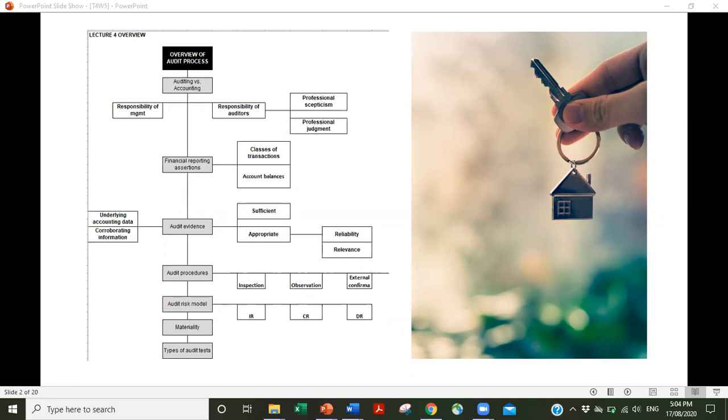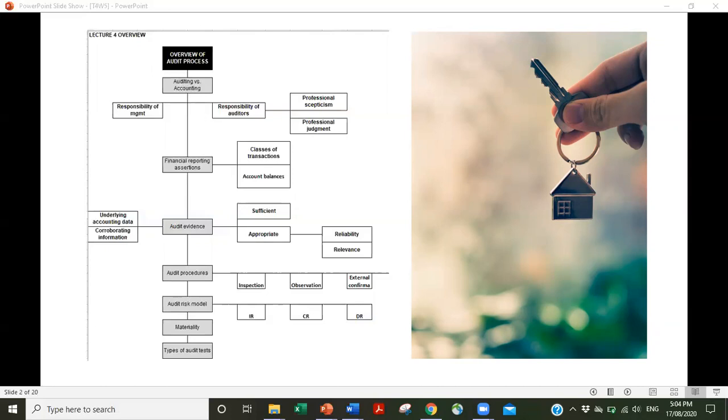They need to have judgment, they've got to have skepticism, so not believe everything that they're told. They've got to look at classes of transactions, and also at account balances. They've got to make sure that their evidence is sufficient and appropriate. It also has to be reliable and relevant.